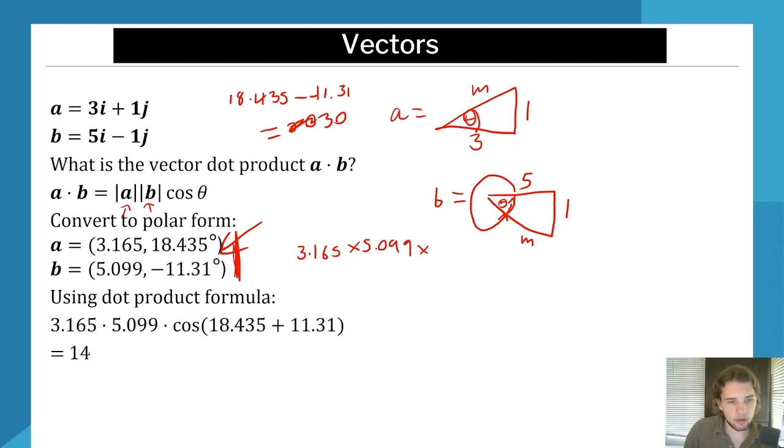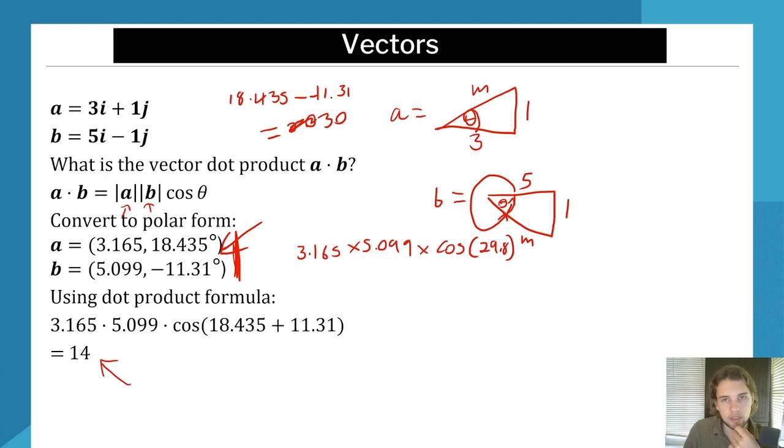And when you plug all this into the calculator, as you will often be doing with the dot product, you will come to the result that it is 14. So that's the process of finding the dot product using polar form.